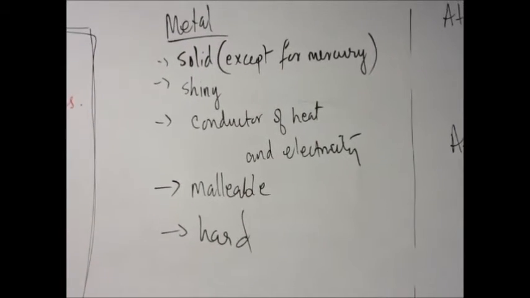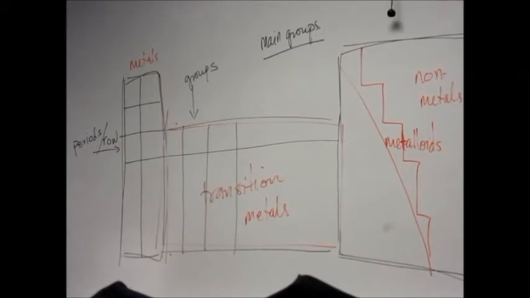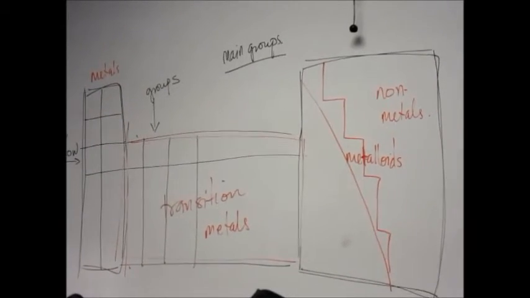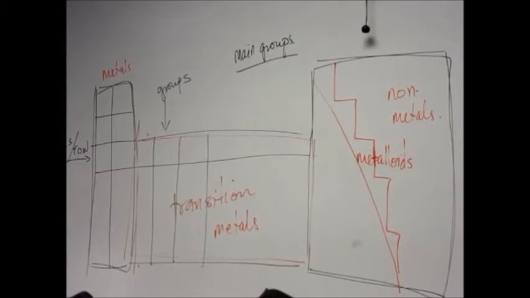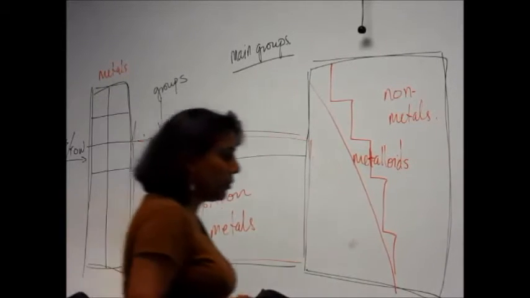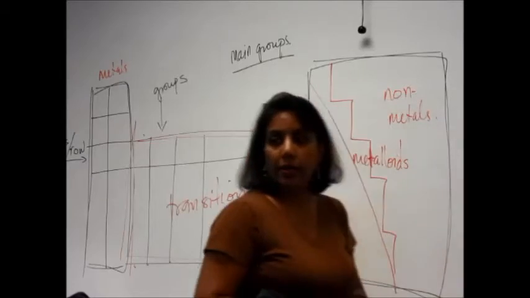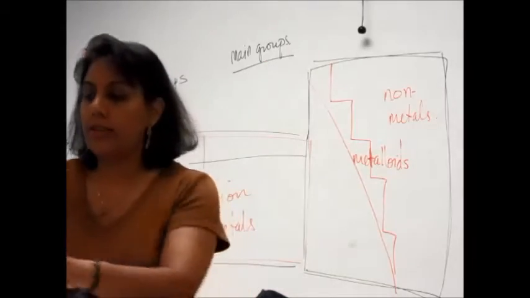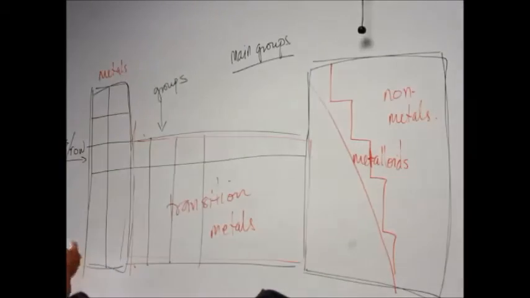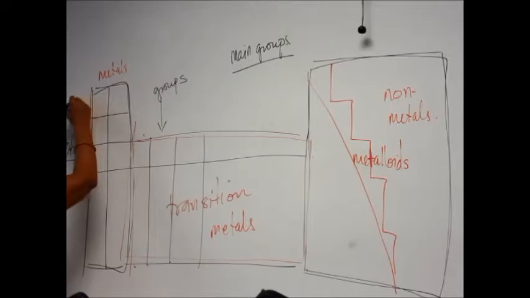So anyhow, that's your first classification. The second classification is that some of these groups actually have names. Not all of them have names, thank God for that, but some of them do, and you have to know the names of those. So group number 1, alkali metals.